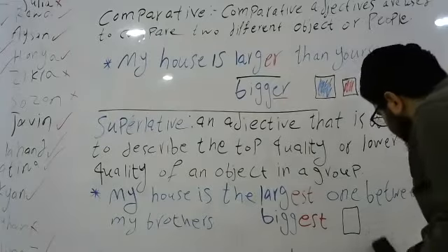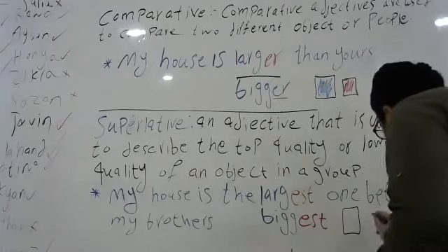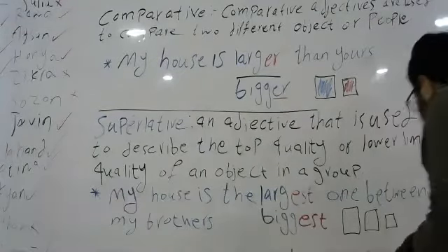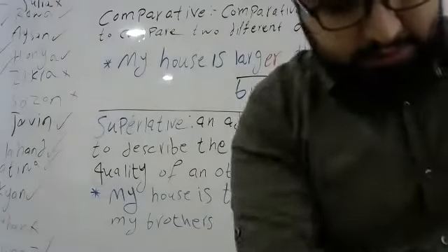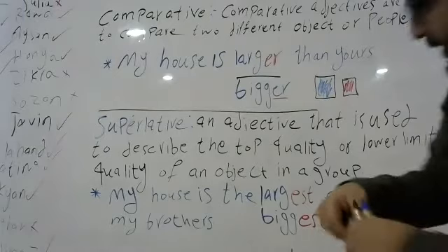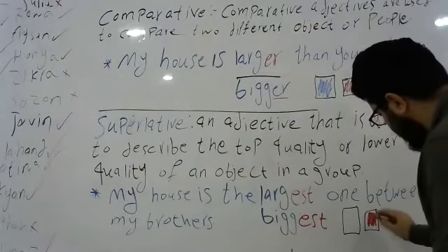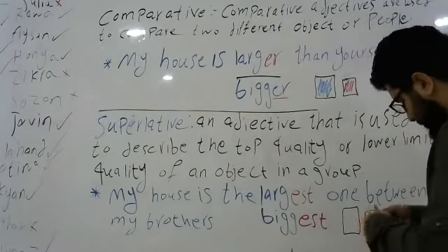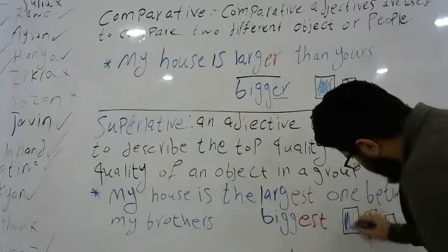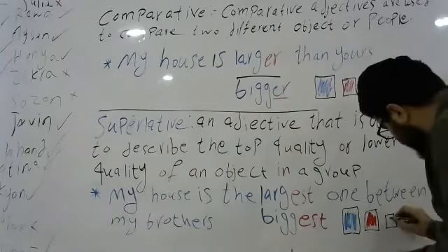If I make three boxes, okay, this is three boxes. So as we said, one is red, one is blue, and one is black.